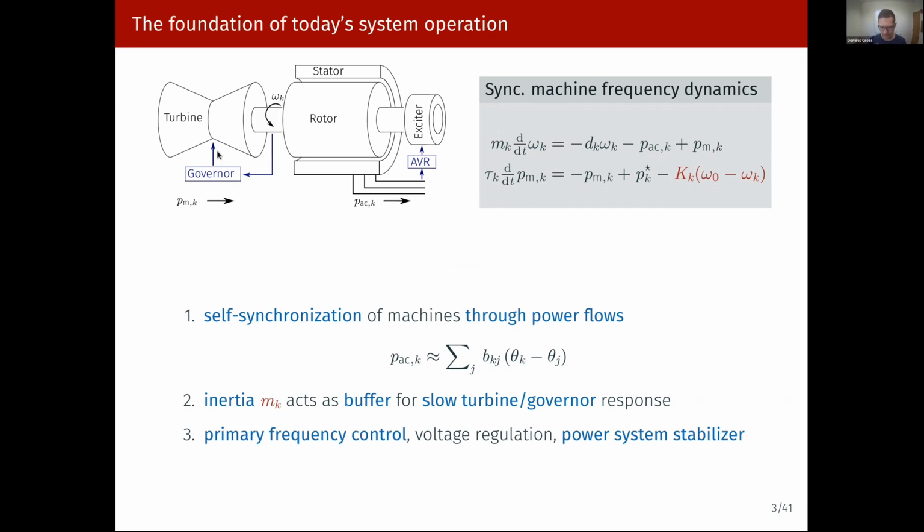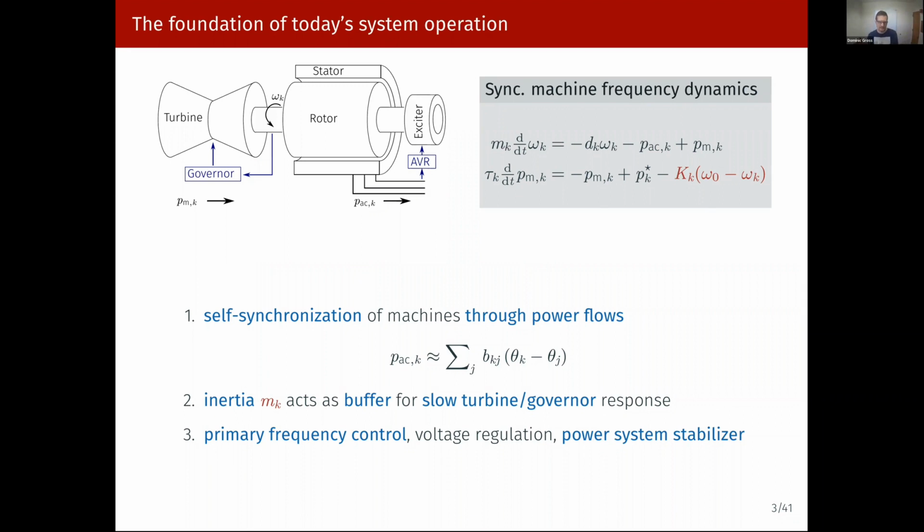So the governor system here, we have voltage regulation, we have the power system stabilizer. So this is just to give you an idea that the machines are providing many different services and have many different underlying properties. And by replacing machines now with power electronics and renewables, we're not only losing the inertia, but we're basically losing all of these functions here if we don't do it correctly.